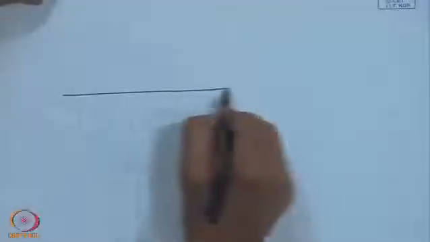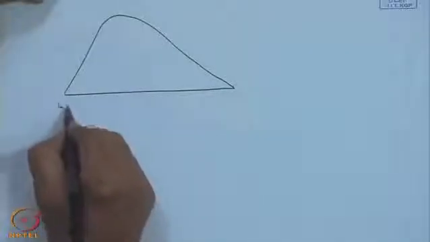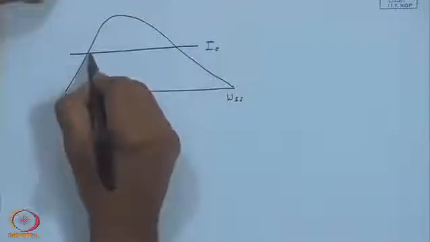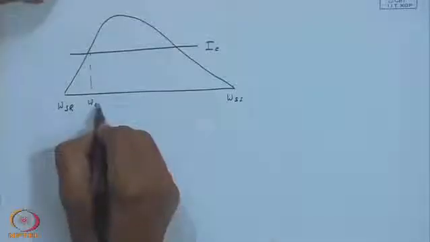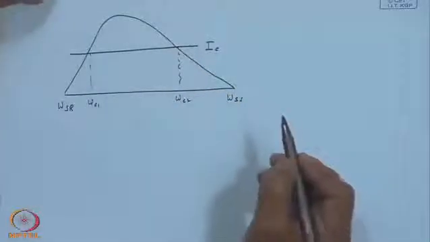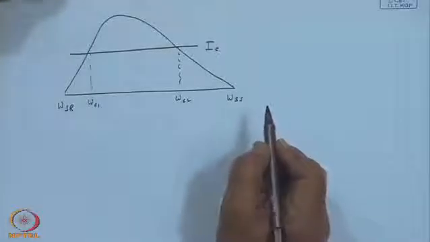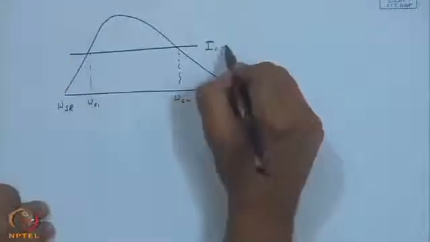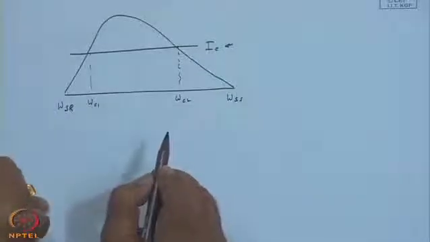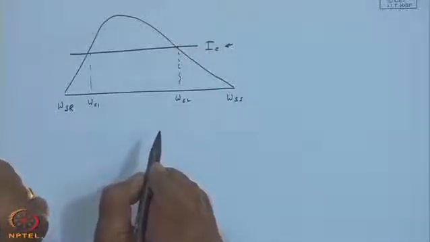Pictorially, if you have, let us say, gamma not equal to 0, this is omega SR, this is omega SS, and this is my IC. So, this will be omega C1 and this will be omega C2. So, you write down the equation for IT for the appropriate orientation, equate it to the number IC and solve for the omega, you will get two values, which will be omega C1 and omega C2, right.